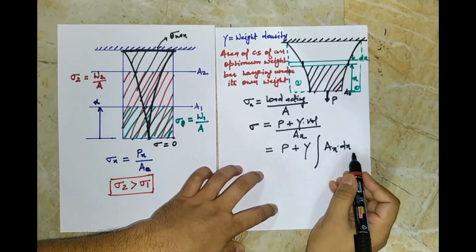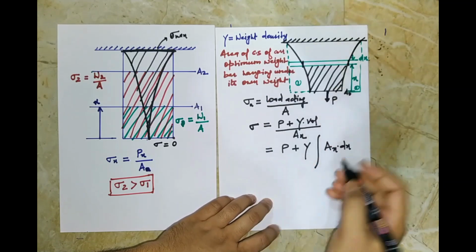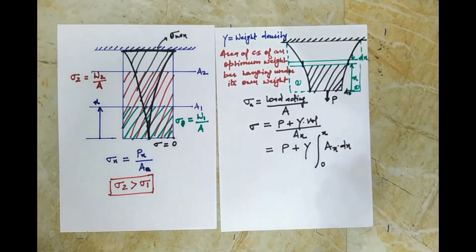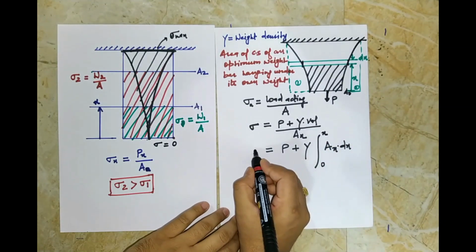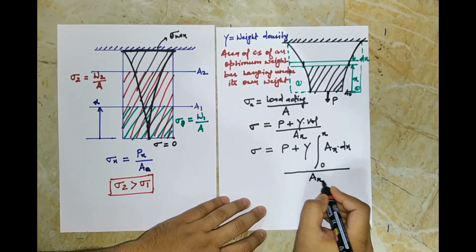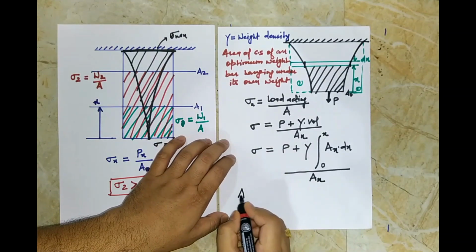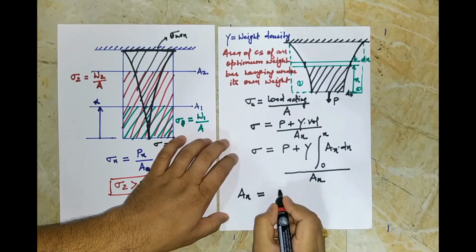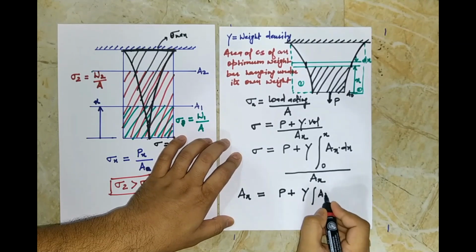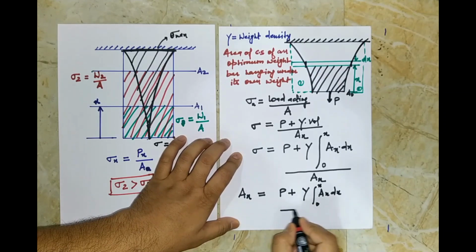If we integrate it along the height, from 0 to x, because we have to find the area of cross section at any x, and divide by the area of cross section at x, then Ax is equal to P plus gamma integral of Ax dx from 0 to x, divided by sigma.